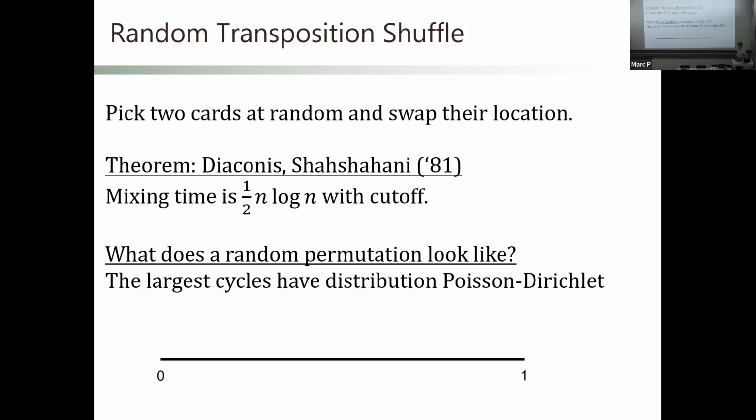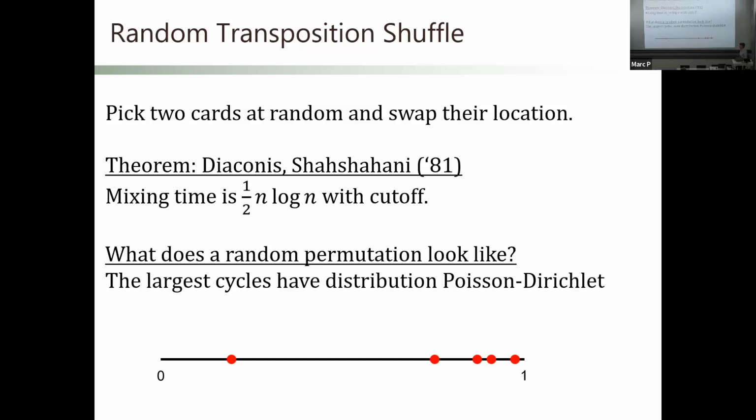And it has a nice representation in terms of stick breaking. You take the unit interval, take a uniform point at random in that, then take the right-hand segment, take a uniform point in that segment, take a uniform point to the right of that, and keep going infinitely many times. And that will break up the unit interval into countably many segments. As you go to the right, the segments will get smaller and smaller, but the first few are of size order 1.